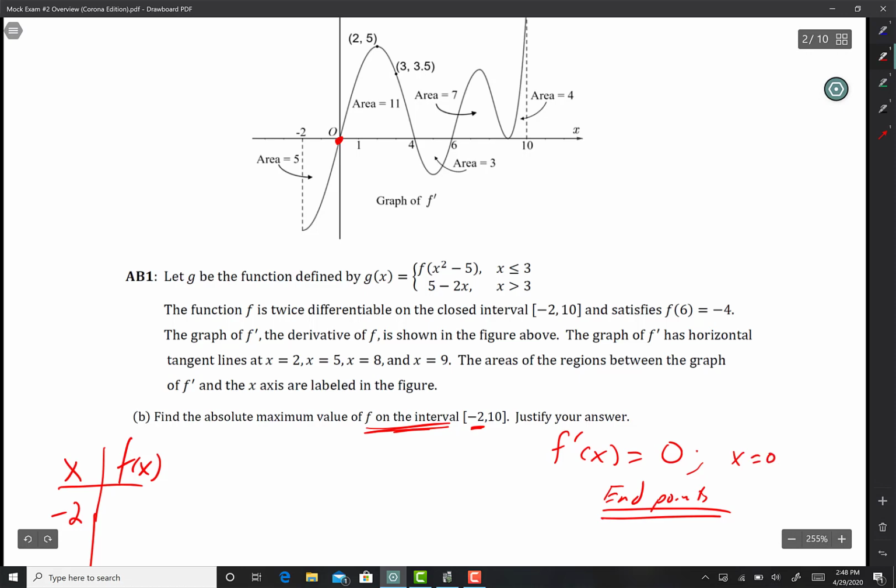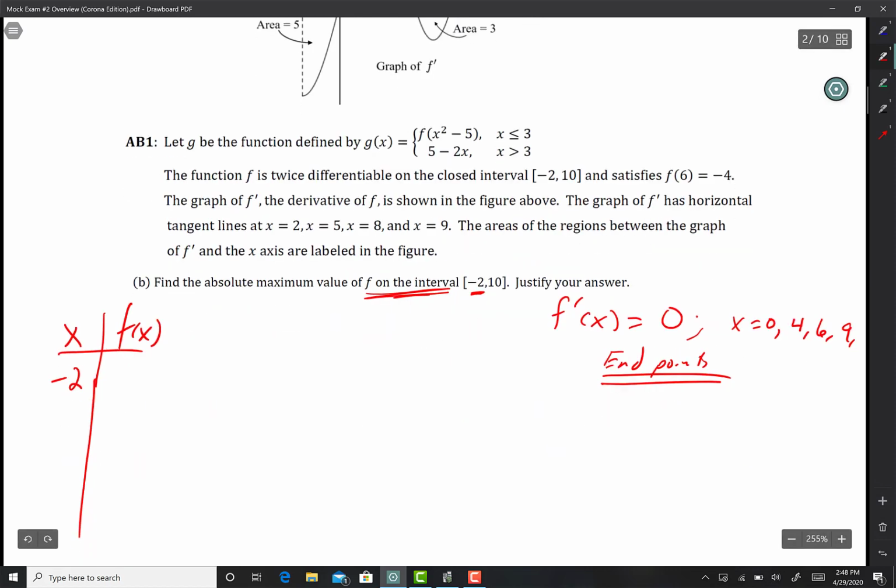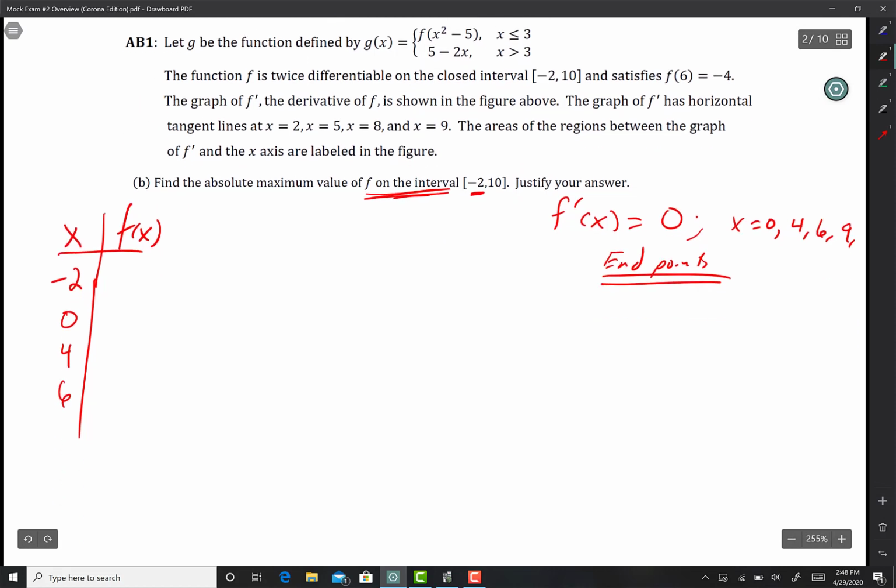So that happens at 0, again at 4, again at 6, again at 9, but 9 is not really anything in particular, and that's it. So I'm going to put 0, 4, 6, and I'm tempted to not put 9, guys, but it is a critical point, so just put it, and 10.